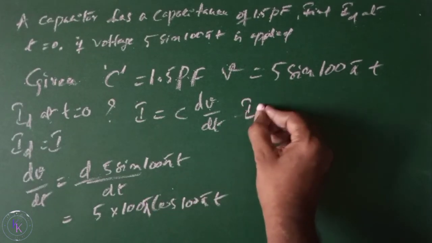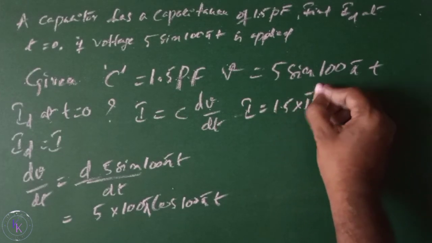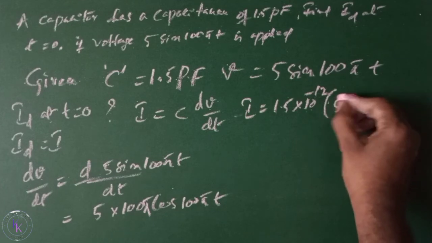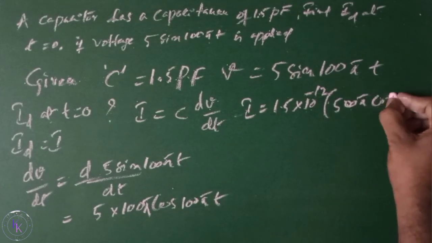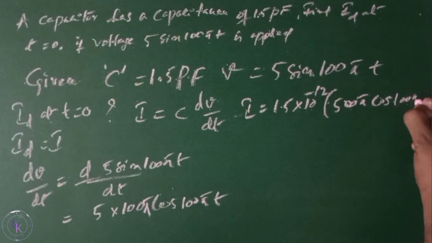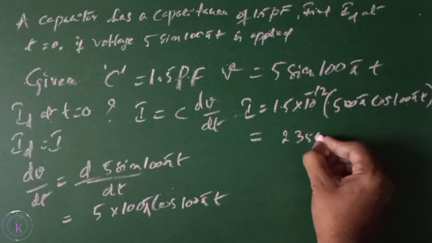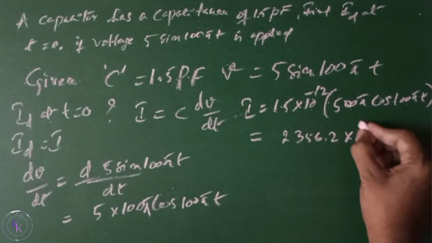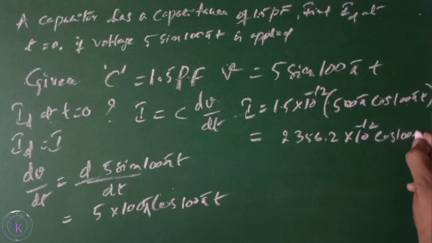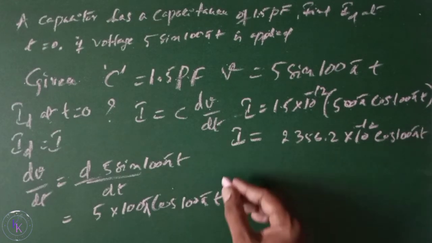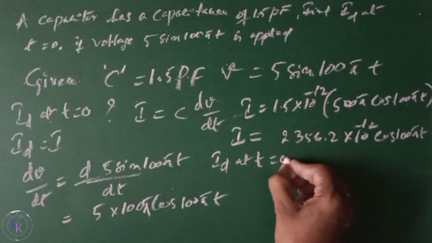Therefore I equals C, that is 1.5 into 10 to the power of minus 12, multiplied by 500 pi cos 100 pi t. When you calculate this, it will be 2356.2 into 10 to the power of minus 12 cos 100 pi t.